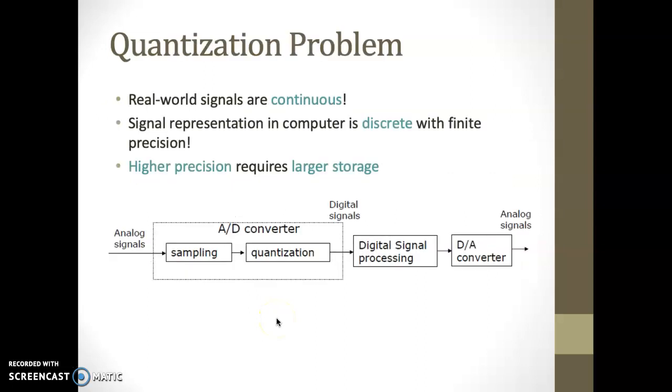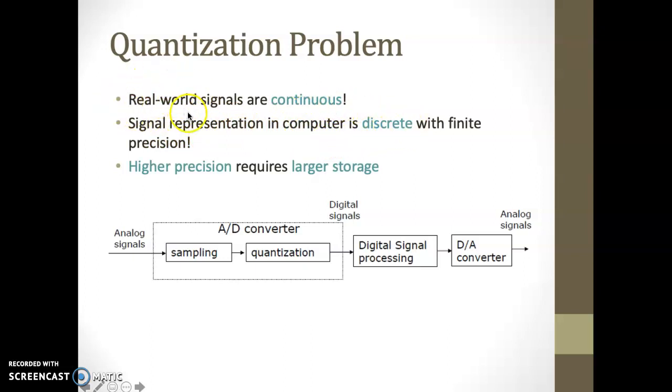Next is quantization, one of the techniques in lossy. There will be a problem using quantization. Once you quantize your image, the continuous form will be represented as discrete.